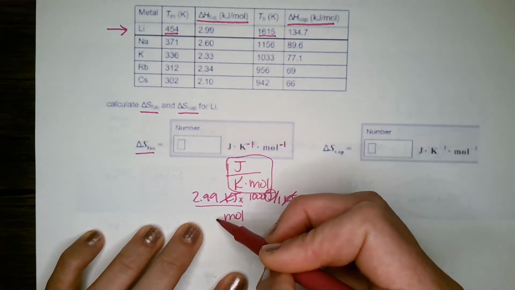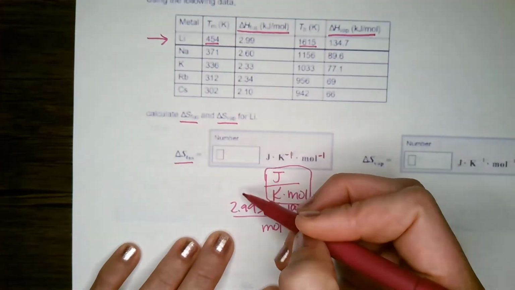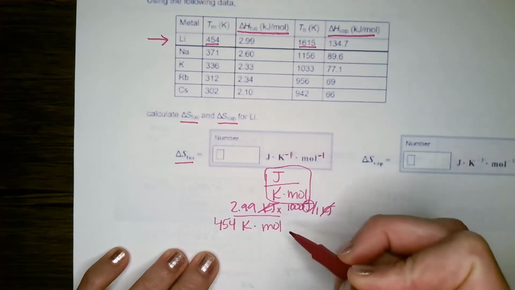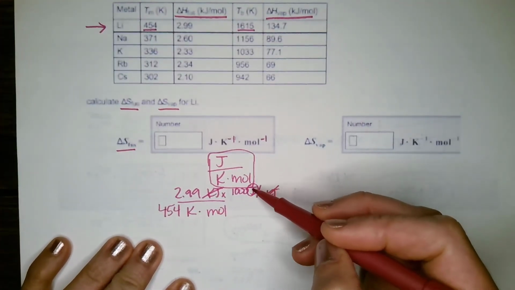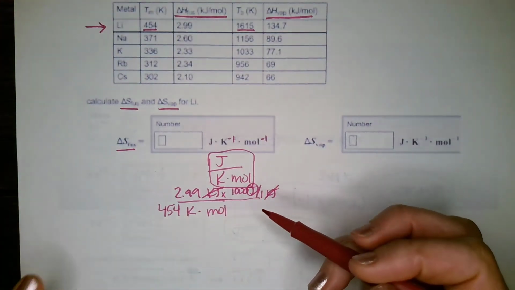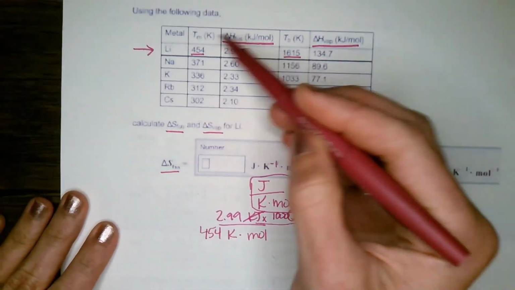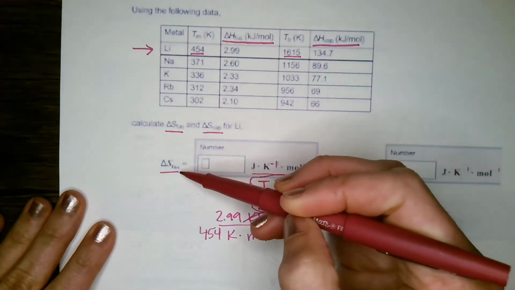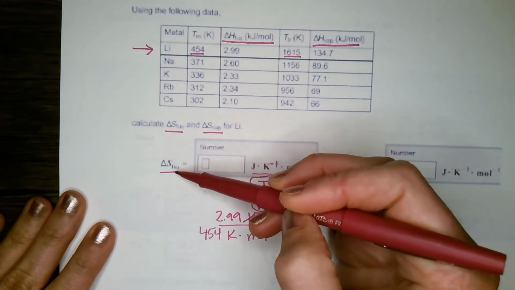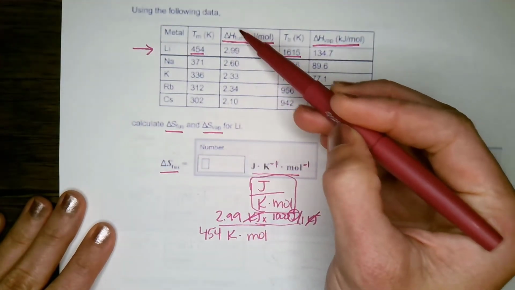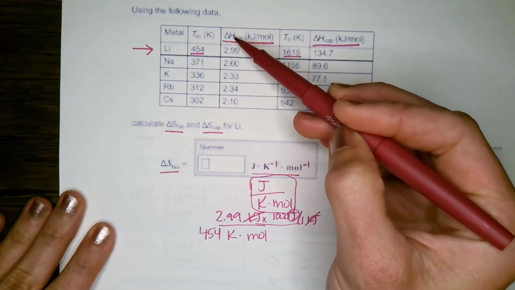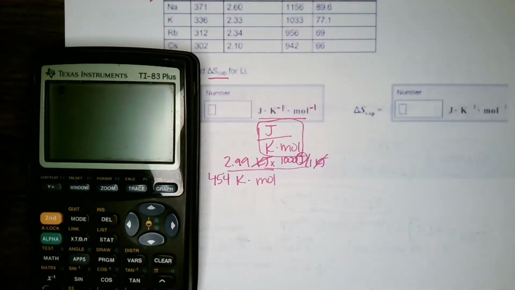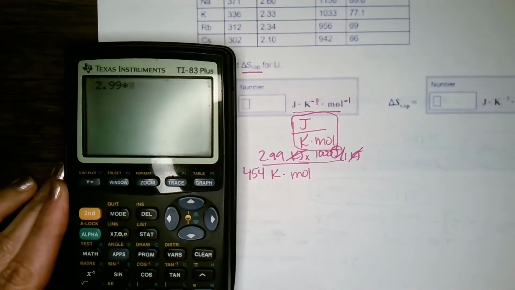I just need to have Kelvin on the bottom. And look, we have Kelvin right here. We can put on the bottom 454 Kelvin. Now we have joules per Kelvin mole. All we're doing was manipulating what we were given to get to the answer that it asked for. So essentially, to find this entropy of fusion here, we did delta H times 1,000 divided by the temperature. So let's do this math out to see what we get. 2.99 times 1,000.